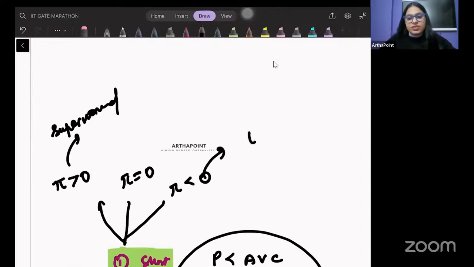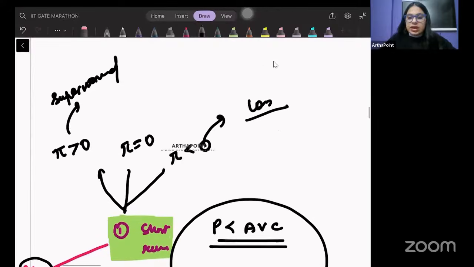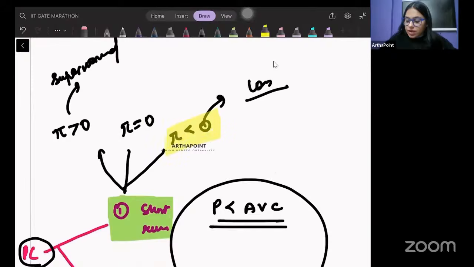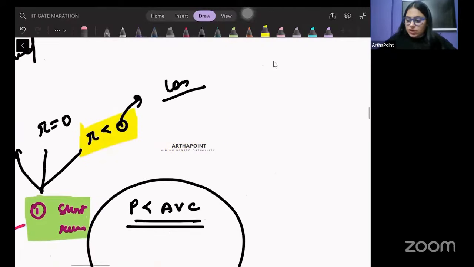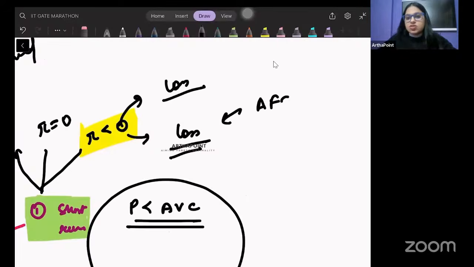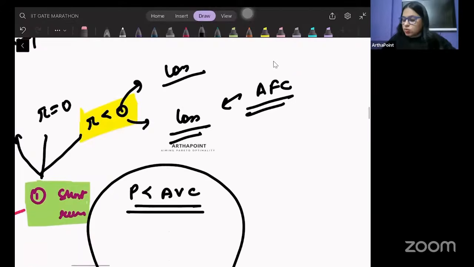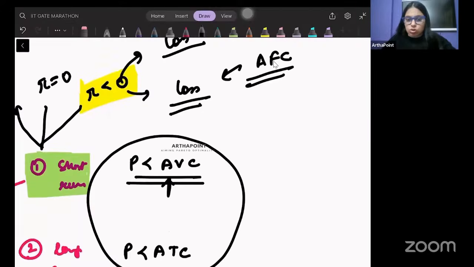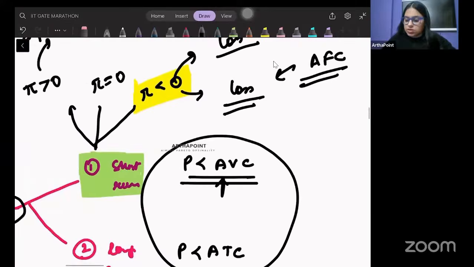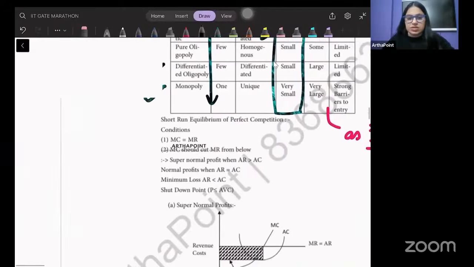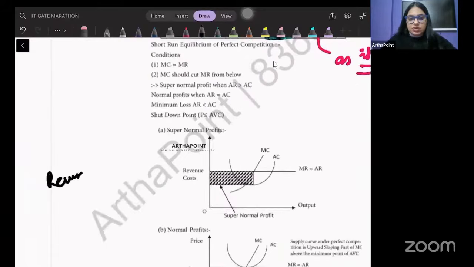And negative profit is loss. Loss, I am fine, I will continue working if my loss is only not covering the fixed cost. But if I'm not able to cover the variable cost also, then I will shut down. This is what these diagrams are representing. You need to revise these diagrams once.